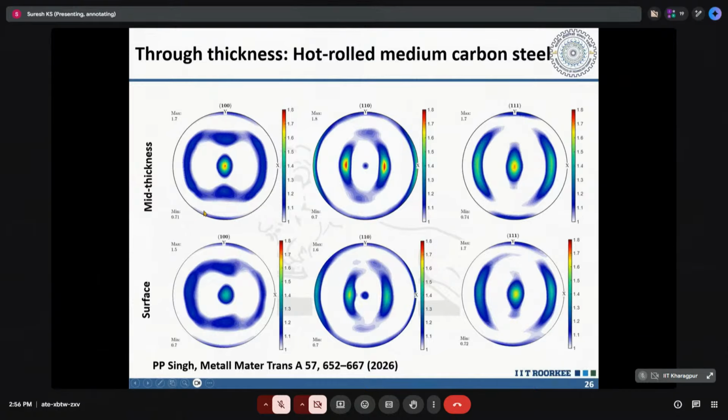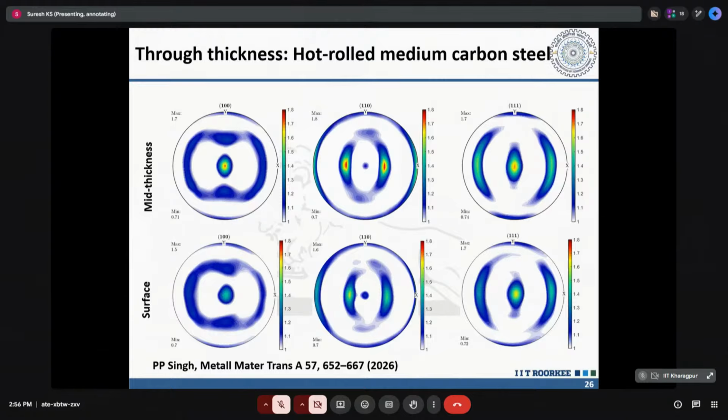However, qualitatively, the appearance of different poles, if you look at the shape of these, is very similar both at the mid thickness region and the surface region. What it tells is that, qualitatively, the evolution of preferred orientations is very similar at the surface and mid thickness region.